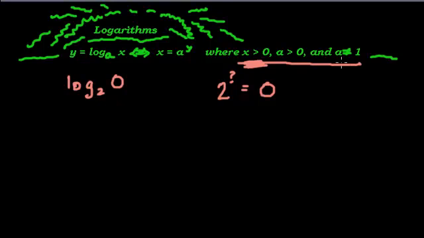And let's see, if a, which is my base, were equal to 1, then I would have 1 raised to some power, and 1 raised to whatever power I want to put it to is still going to be 1, so that wouldn't make any sense with logarithms as well, and that's why we have these little qualifiers on here to get rid of those cases that may be undefined or have no place to exist.